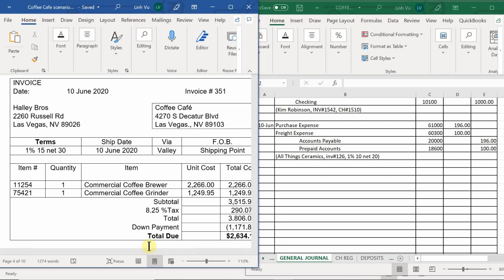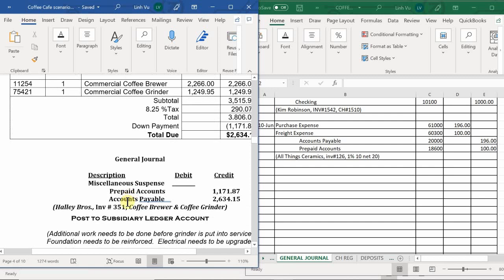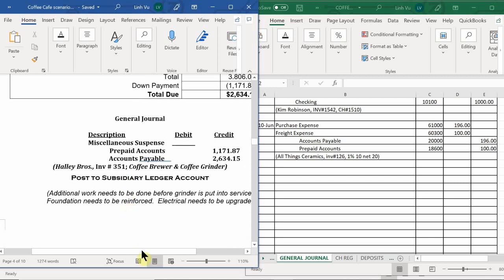Now in this case, I'm going to tell you that we're going to put it into the miscellaneous expense account. I want you to put it in the miscellaneous expense account. Why? Because I'm also going to give you some extra information that you need to know. Additional work needs to be done on the coffee grinder before putting it into service.